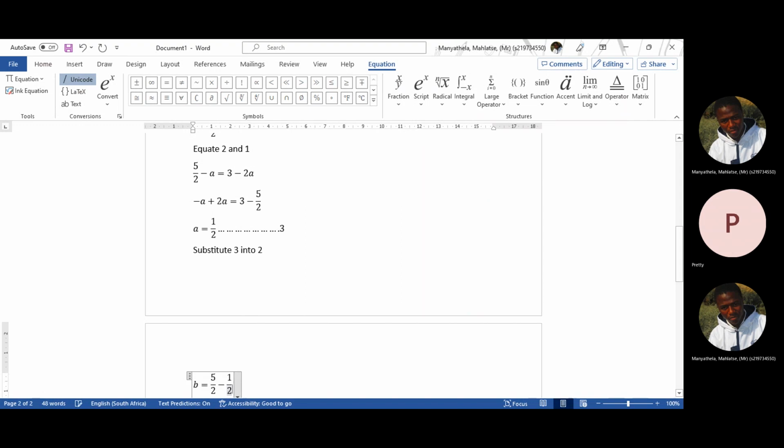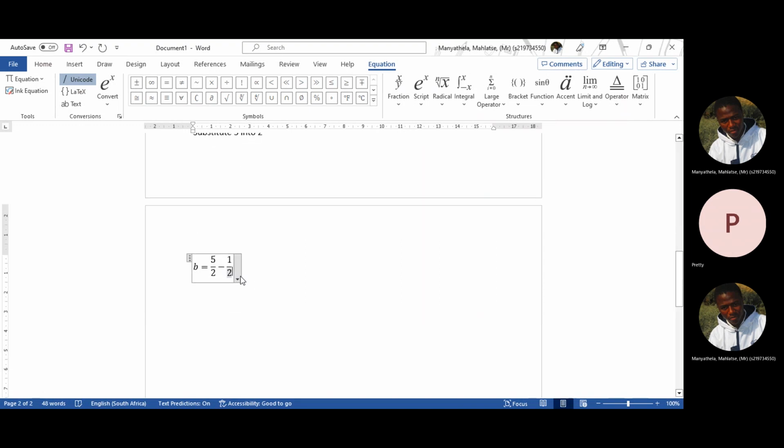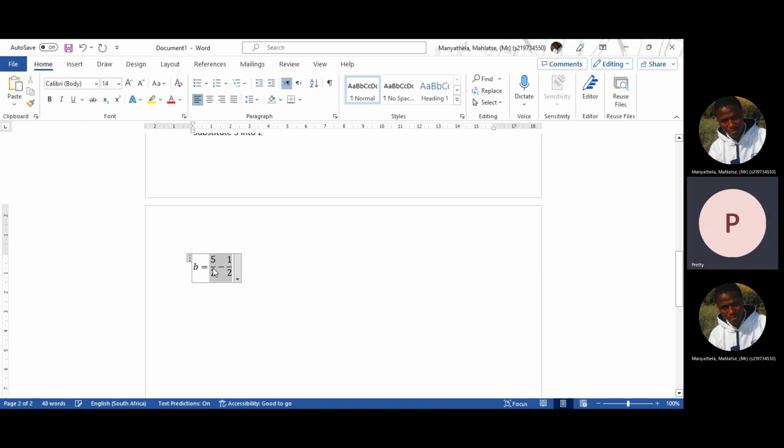So b equals 5 over 2 minus 1 over 2. By cross multiplication, 5 times 2 gives 10. Then 2 times negative 1 is negative 2.